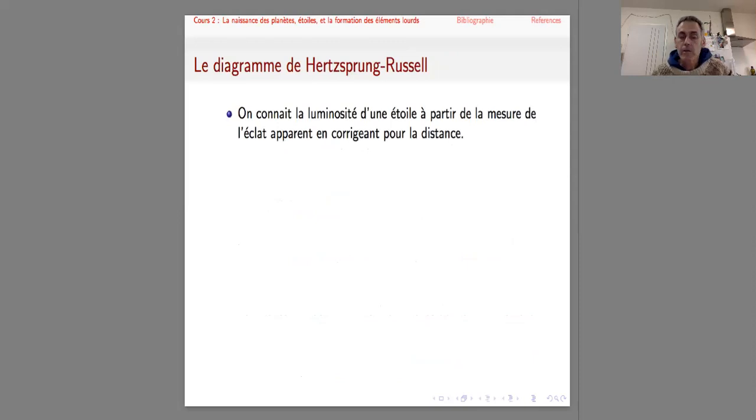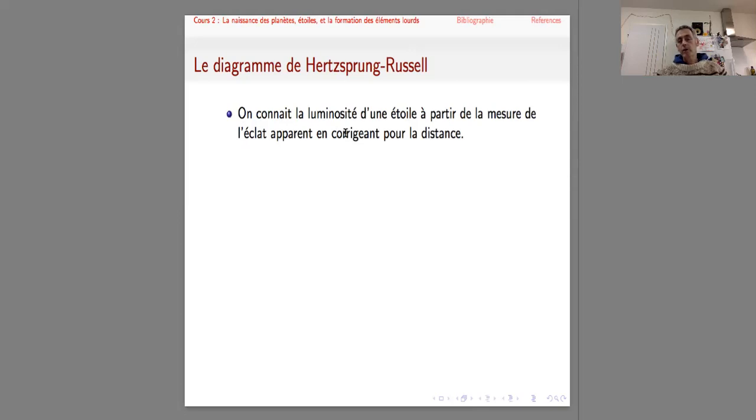Okay, let's look at the way astrophysicists organize data on stars in a little bit more detail. Before explaining the Hertzsprung-Russell diagram, we have to understand two parameters. The first one is the luminosity of a star.